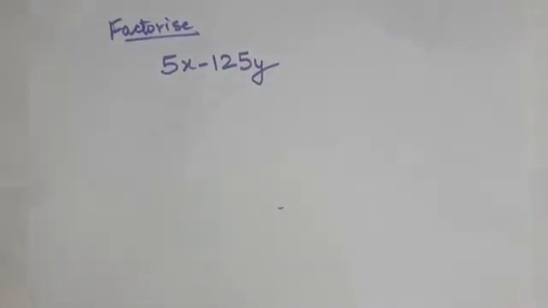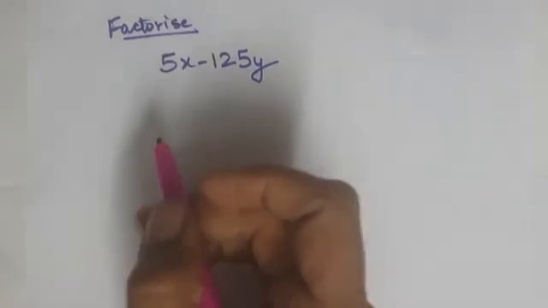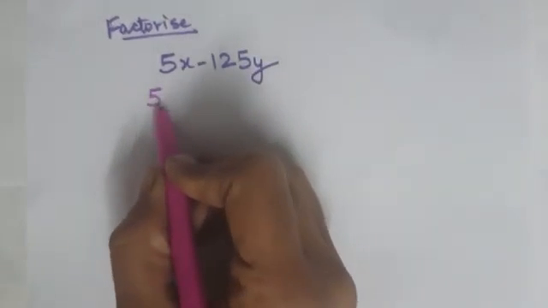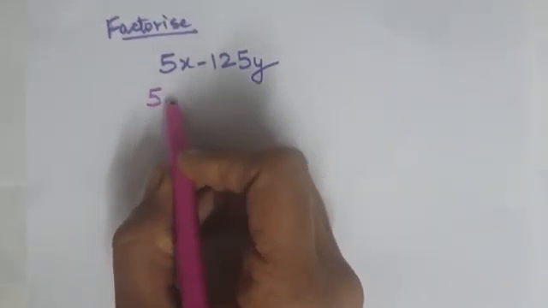Now, children, whenever we factorize any algebraic expression, always see first if there is any common numerical value or any common variable. So now let us see how we can find a common variable or common numerical value.